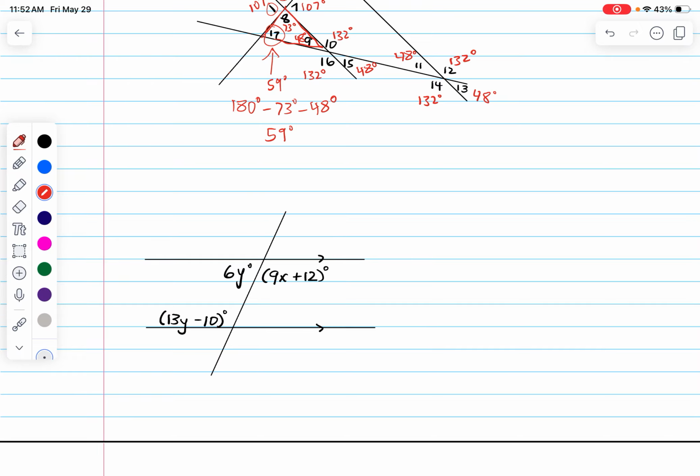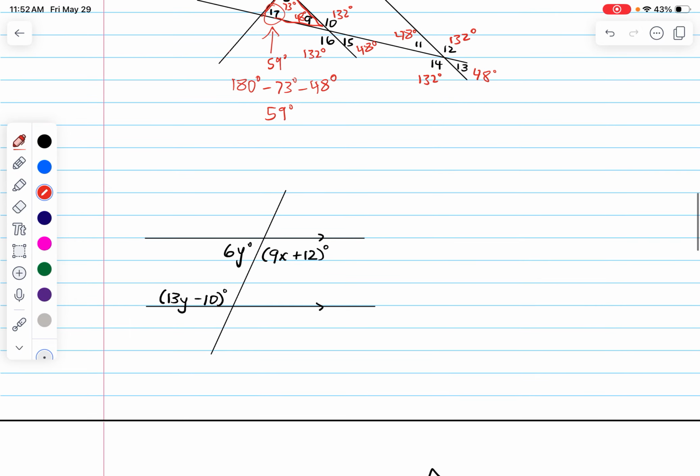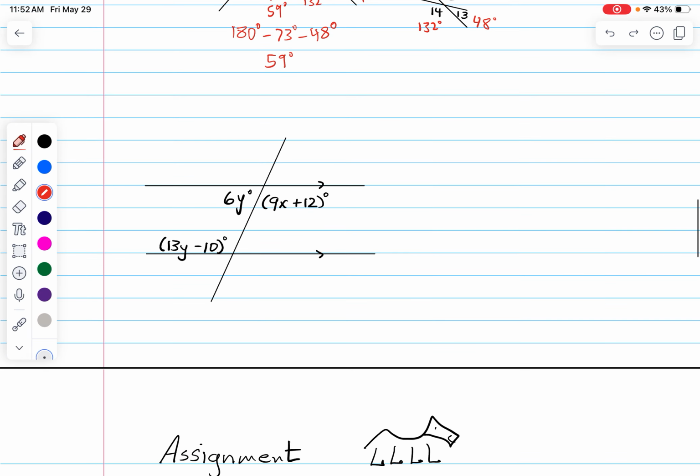Okay. Now, we're almost through. I just want to look at one more here. I've got a couple of parallel lines cut by a transversal, and what we're trying to do here is figure out what X and Y are. Now, I know that what I've got here is 6Y plus 9X plus 12.